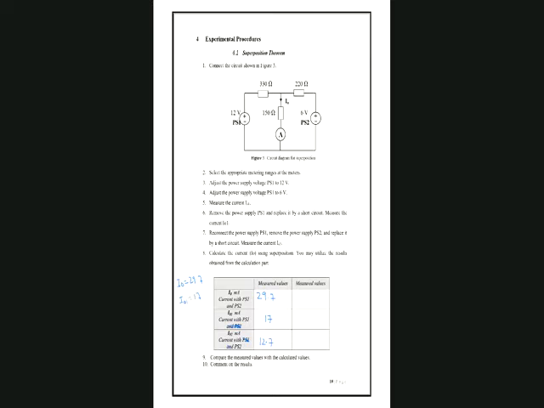It is 17, and I02 is 12.7. If you add both, I01 plus I02, it gives you 29.7, which is equal to I0. Okay, thus we have proved the superposition theorem.